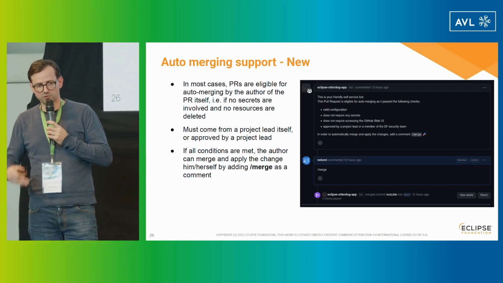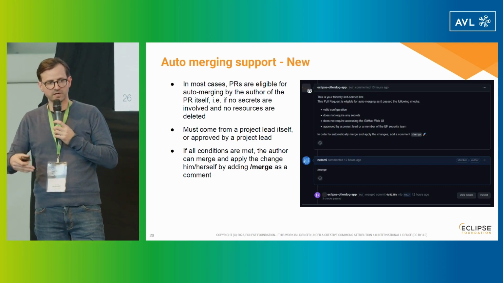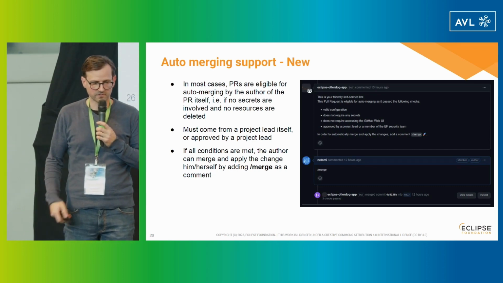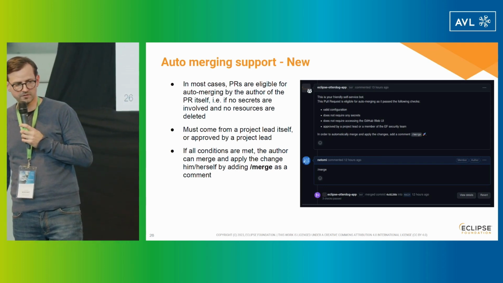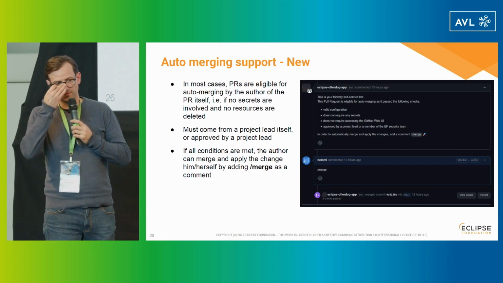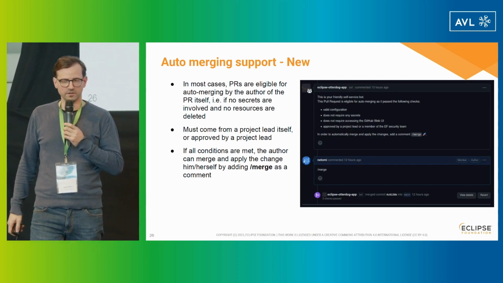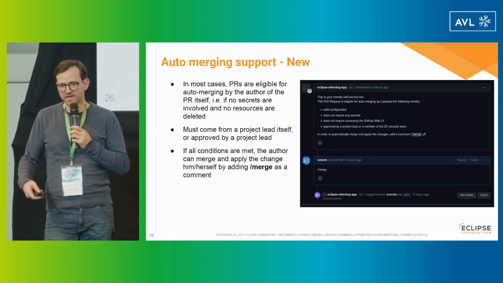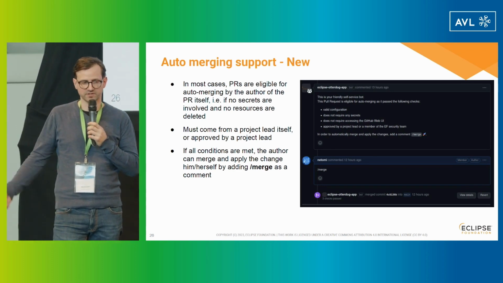That means that you don't have to wait for EF staff to approve and merge it, but in fact you can do it yourself already. That's a feature that was requested by lots of our projects, and I think that's absolutely sensible to have in an open source community, to be able to make changes as much as possible yourself.